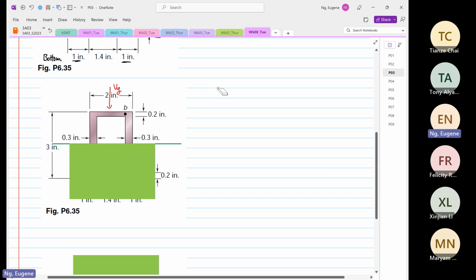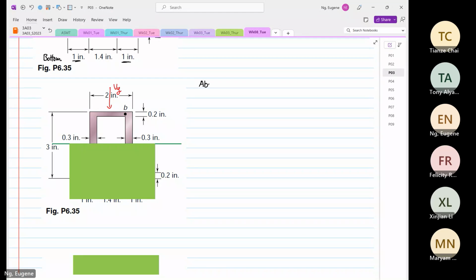So I'm going to write above the centroid: it is a box beam analysis.